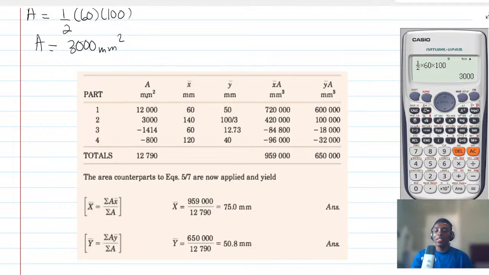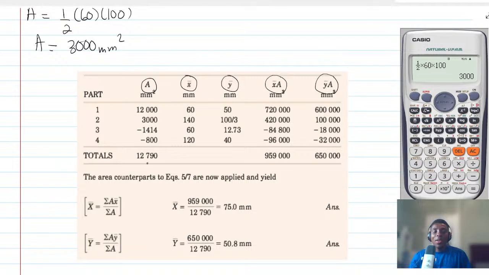First of all, create a table where you will have the areas. You have the x bar, you have the y bar. Then you multiply x bar by the area. You multiply y bar by the area. So put everything in a table form.